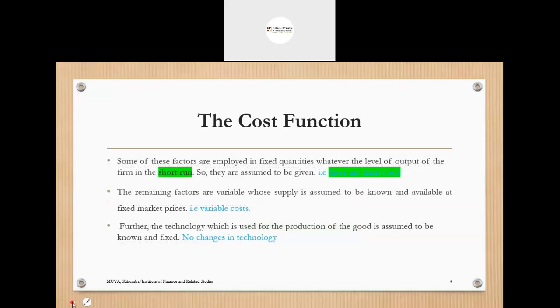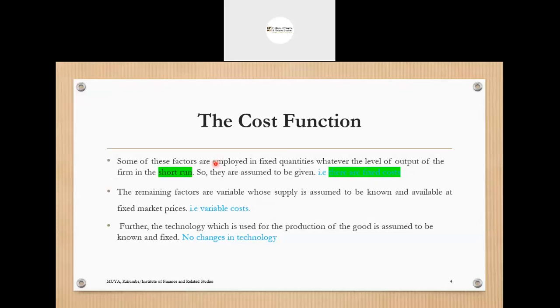We find that some of these factors are employed in fixed quantities. It doesn't matter what level of output the farm would produce in the short run; we assume that those factors are fixed. When we talk of certain factors being employed in fixed quantities, you can imagine a classroom.